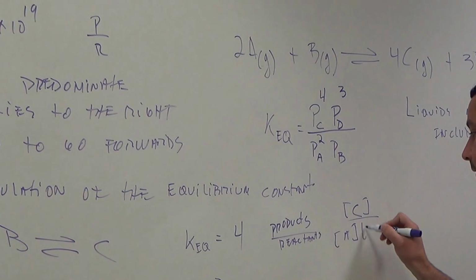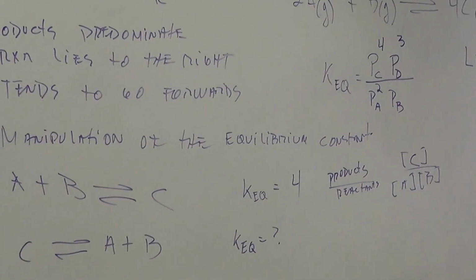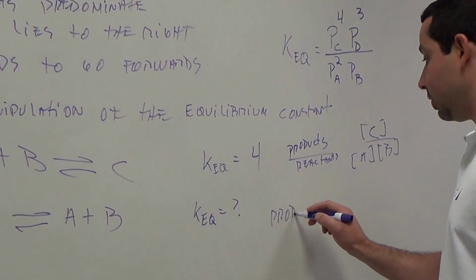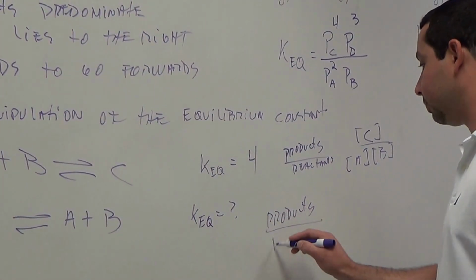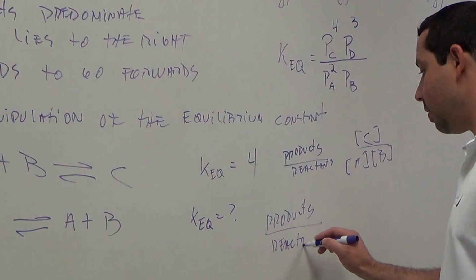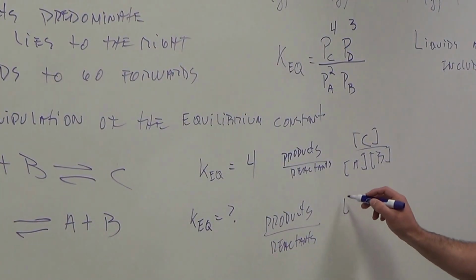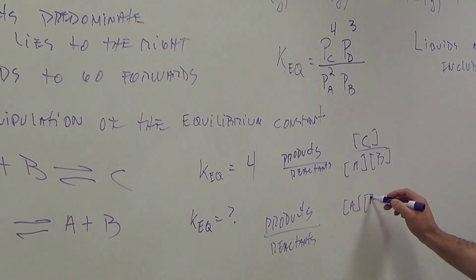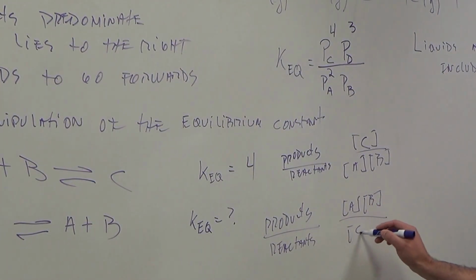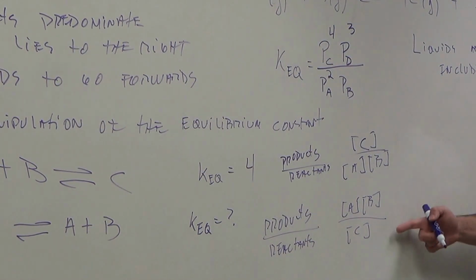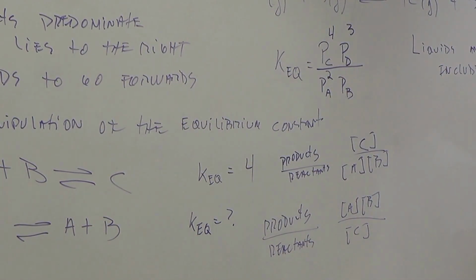Divided by A and B. For this one down here, it's still products divided by reactants. But now, tell me what the products and the reactants are. For the second one, it is A and B on the top, and C on the bottom. What is the difference between these two? They are reciprocal of each other.